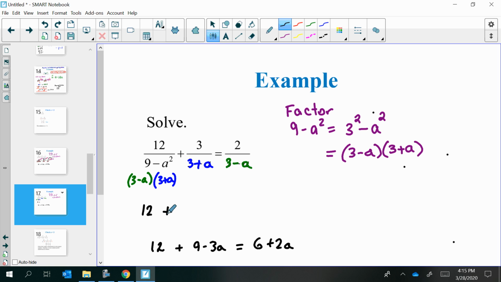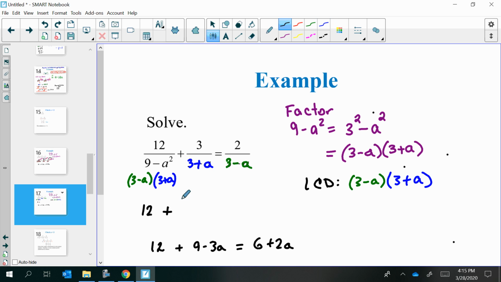But when I multiply that LCD, and let me write it over here, to my second fraction, I can already see that the 3 plus a is going to go away, but the 3 minus a is going to remain.